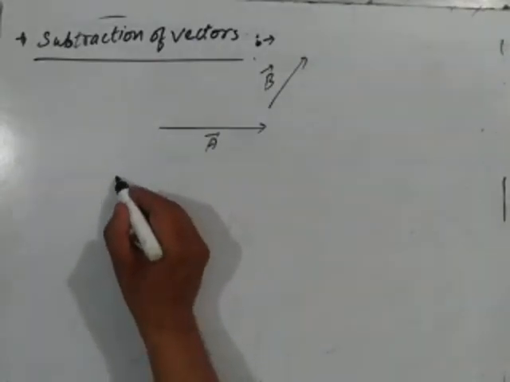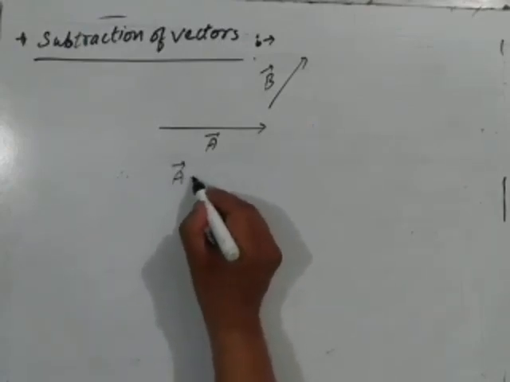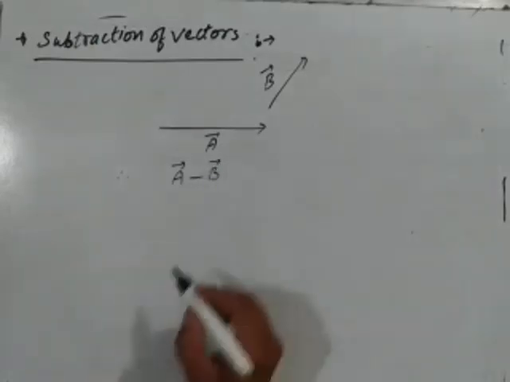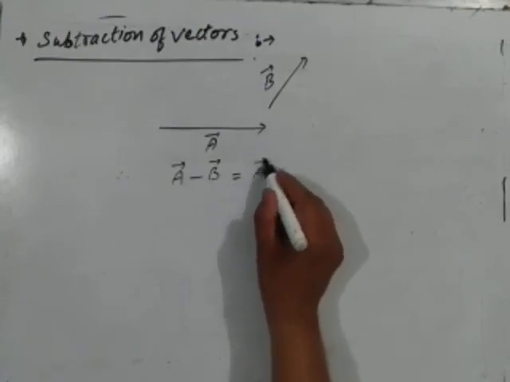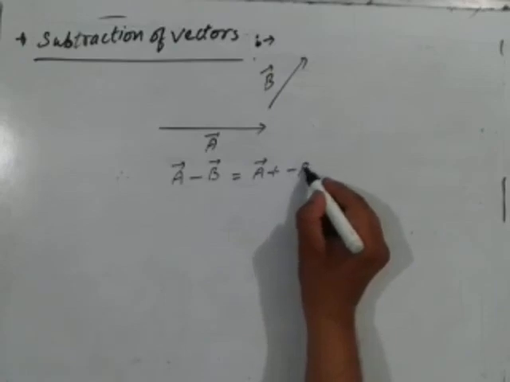So we can write A vector minus B vector equal to A vector plus minus of B vector.